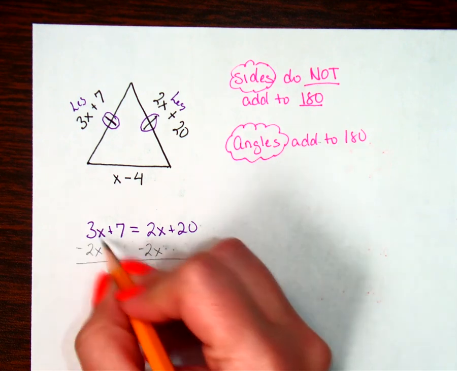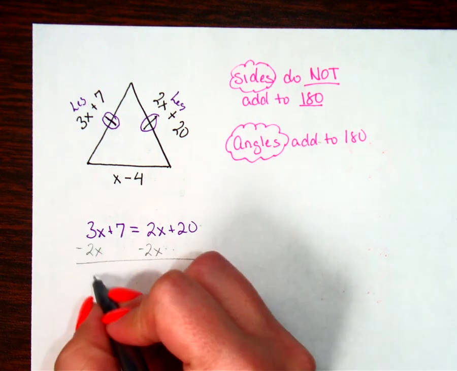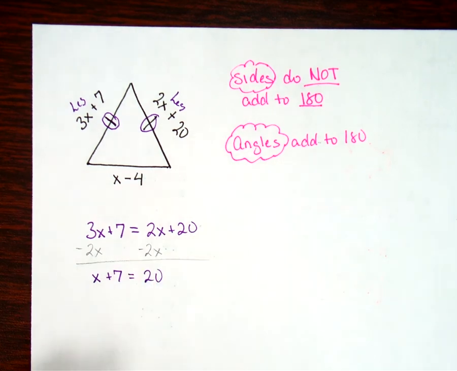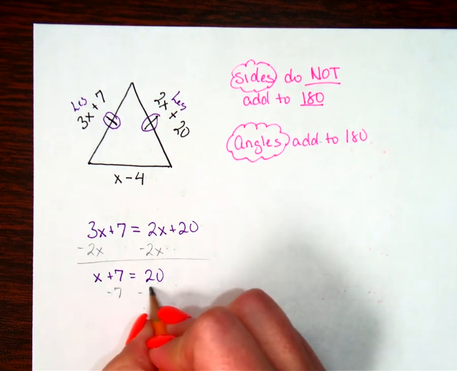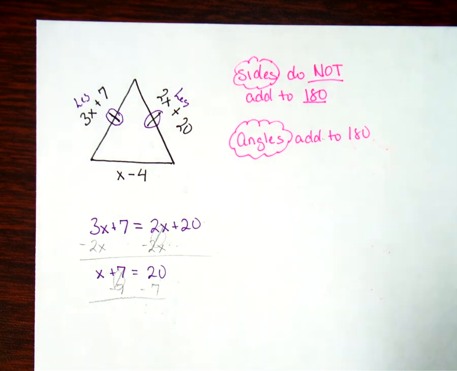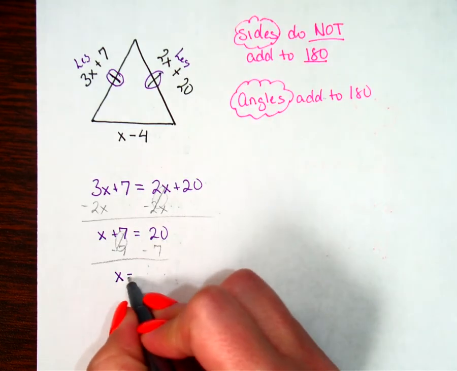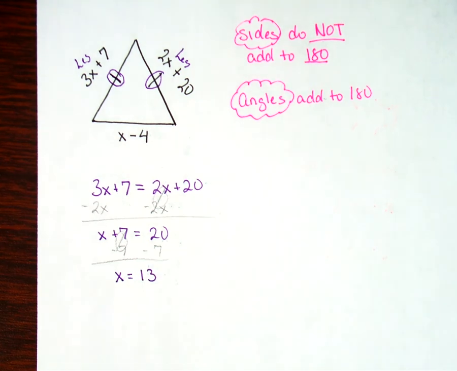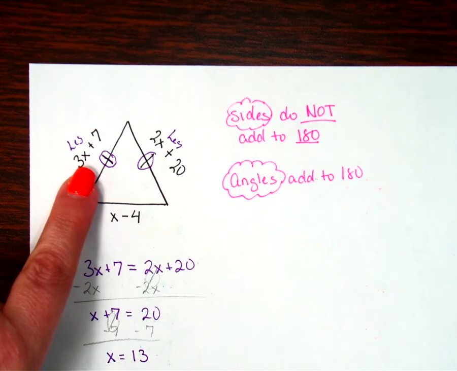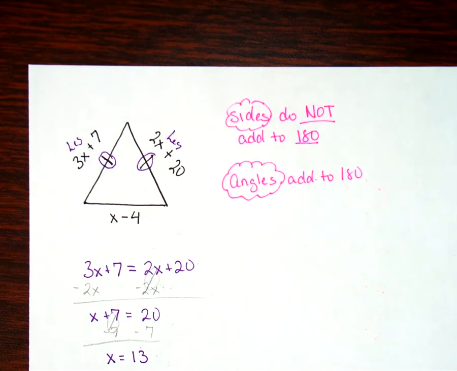So to solve this one, I would subtract 2x on both sides and get 1x plus 7 equals 20. Okay, subtract 7 on both sides, and x equals 13.